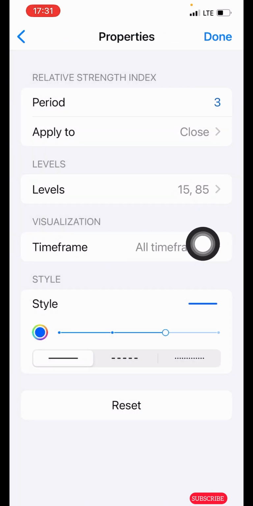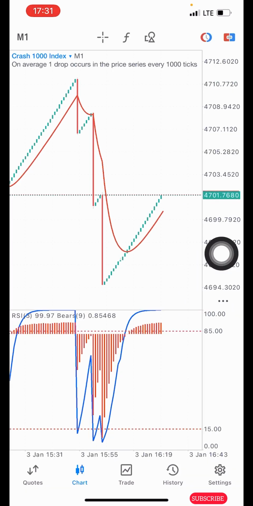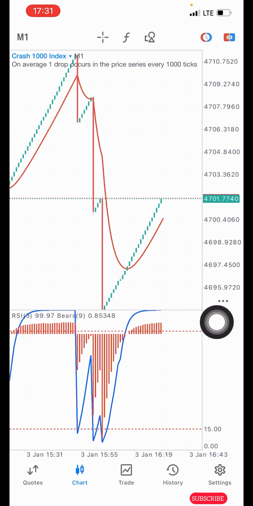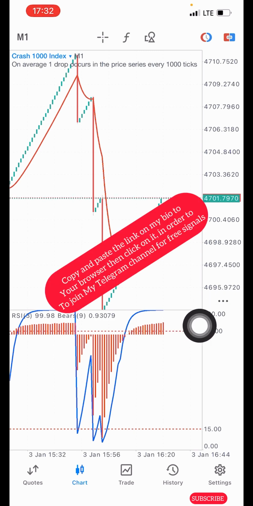Time frame is all time frame, the style you make it color blue, 3 pixel, you click on done. You are going to have these levels here, the red, the 50, the 85, and the 15 level, and you're going to have this blue line here on your chart.